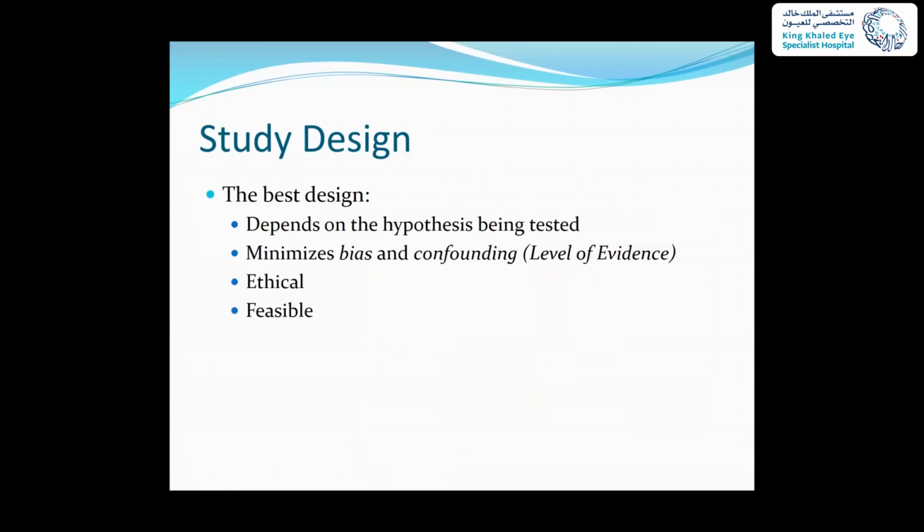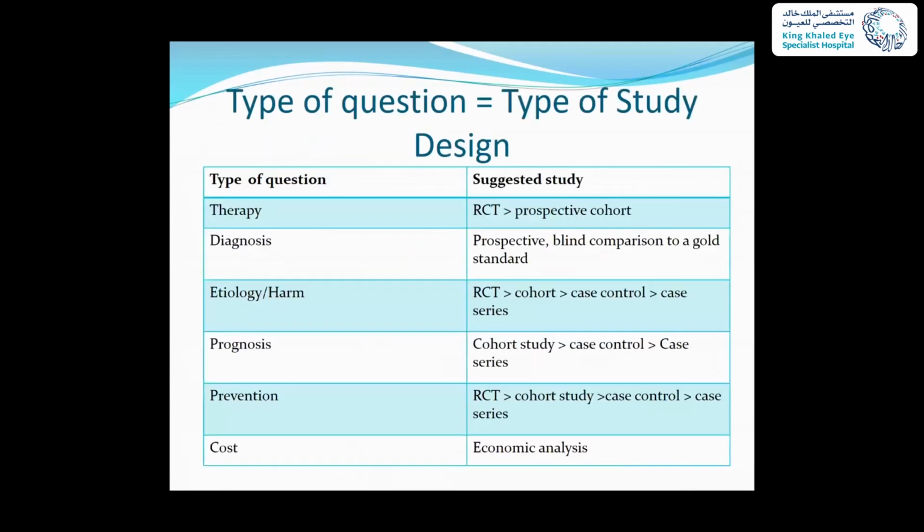So the best study design depends on the hypothesis being tested, minimizes bias and confounding in order to ensure a good level of evidence, and is ethical and feasible. What type of question does my study design answer? For therapy, etiology, and prevention, randomized clinical trial is the best study design.